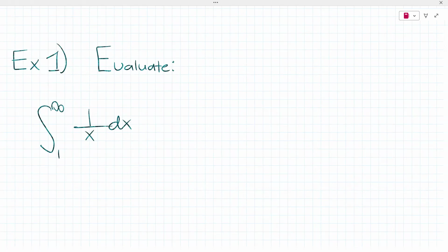If you want to kind of draw it, that's fine. If you were to graph y equals 1 over x, what does it look like? It's a rational function that looks like this. It has a vertical asymptote at x equals 0 and a horizontal asymptote at y equals 0.